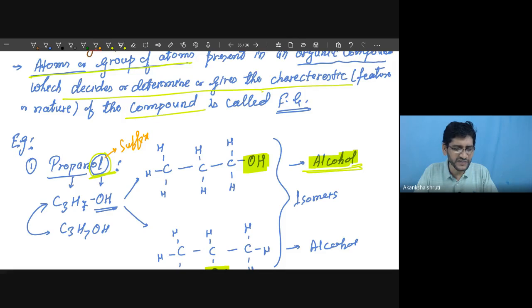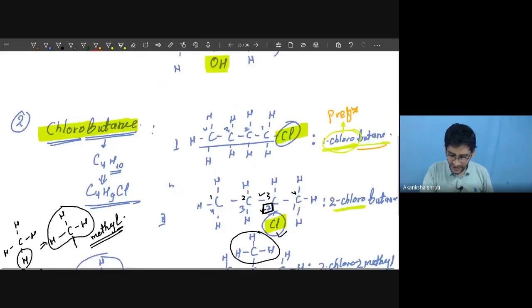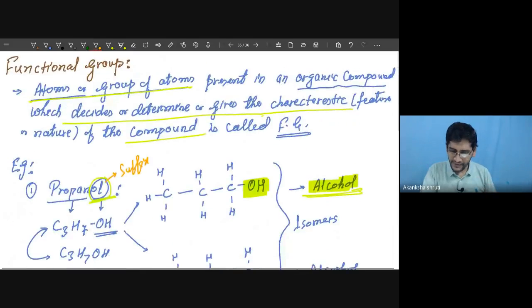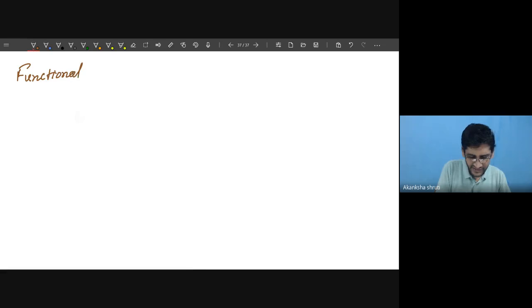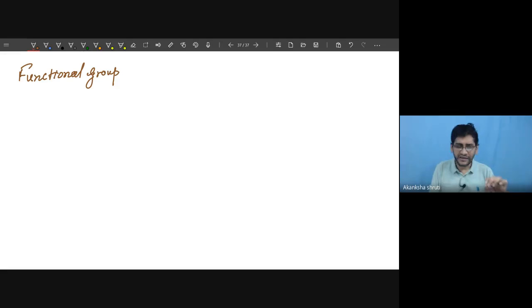So which group is added as prefix and which is added as suffix? This thing we will also list. So another table I am going to write, and that table will be helpful throughout this chapter. So write this: various functional groups, what is the structure of this functional group, meaning what is the formula for this functional group.